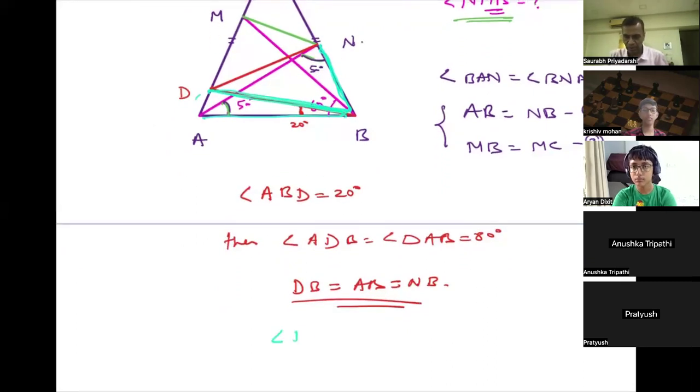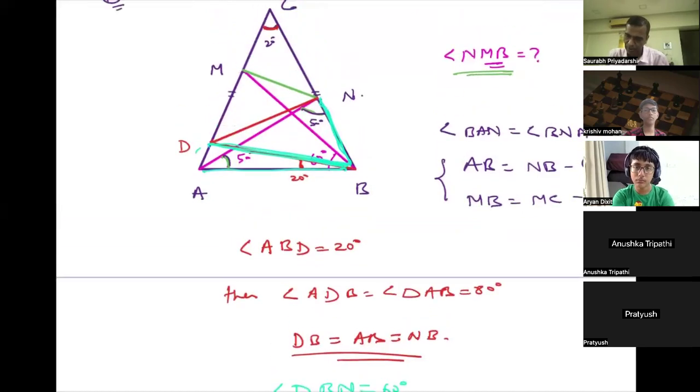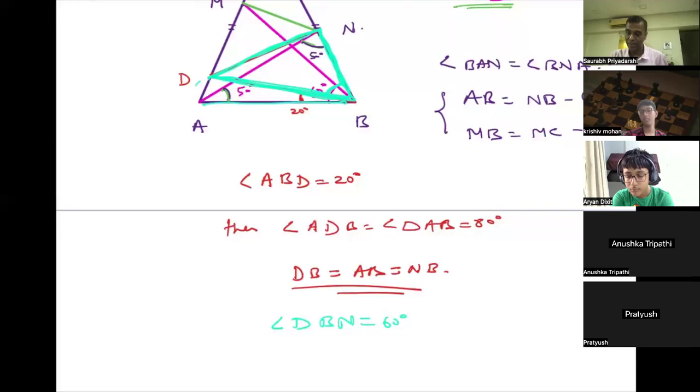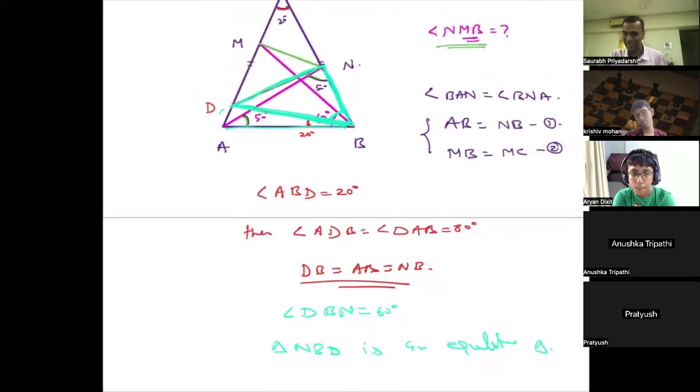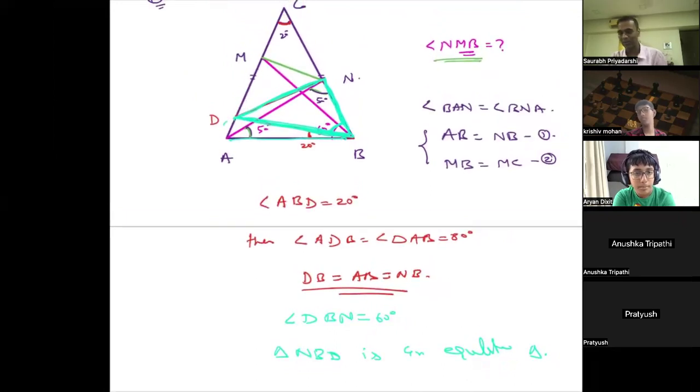From this, can you say that angle DBN is 60 degrees only? So the total is 60 degrees, which means this forms an equilateral triangle. Triangle NBD is an equilateral triangle. Just go up to this; the further things will come automatically. Please note down.